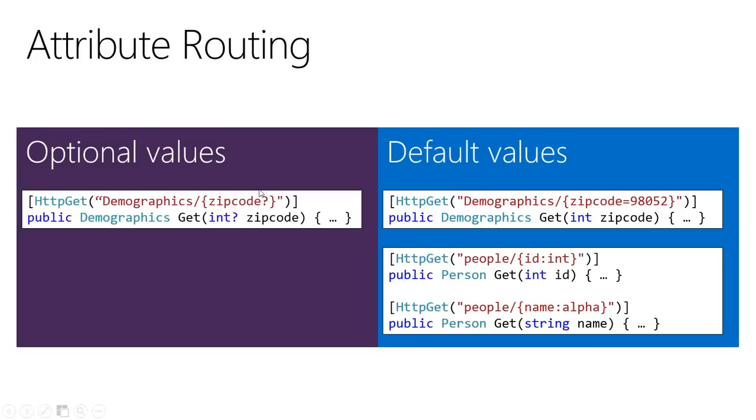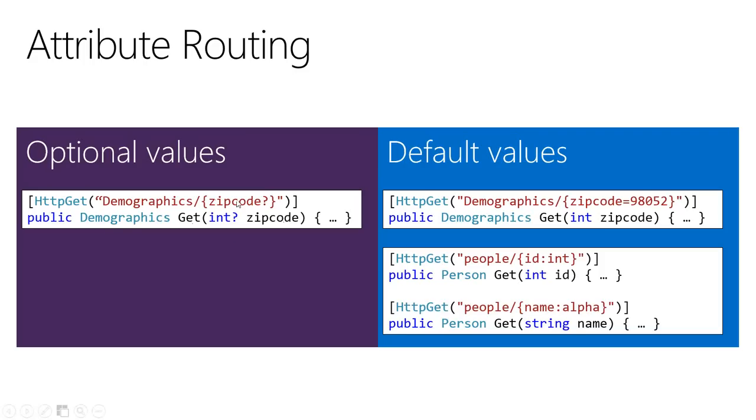So here I can pass in parameters, but I don't have to pass in a zip code. So again, in this case, if I pass in a zip code, then I can also put default values. But if a zip code doesn't come in, it's still going to hit this particular method in my API, and I can just return demographics for all zip codes.